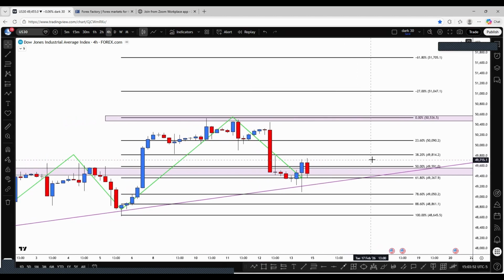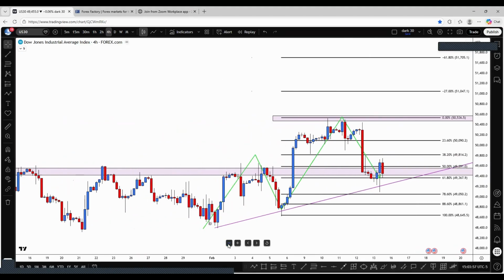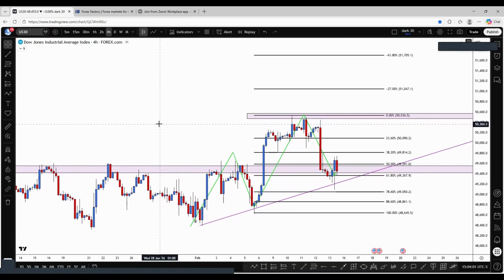So at that point, it looked like it was lining up for a beautiful buy, at least back up to this zone, because this is another area of resistance, as you can see it pushed back down from there.